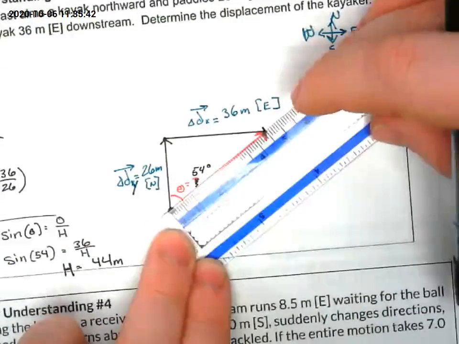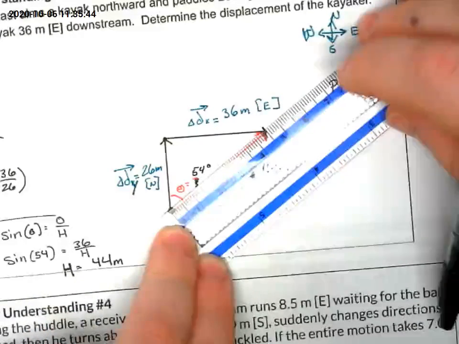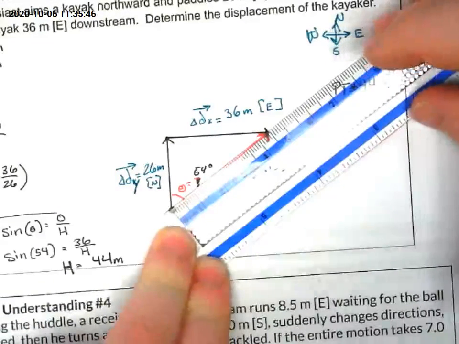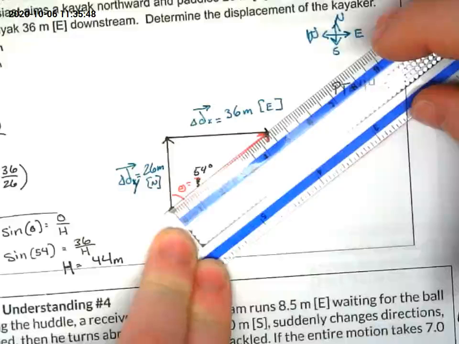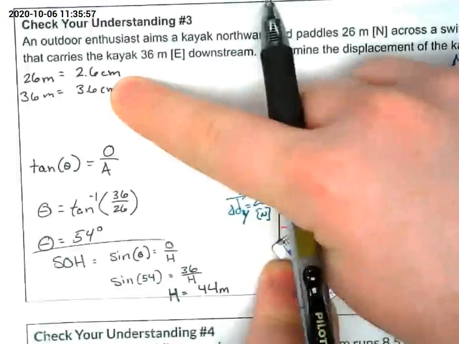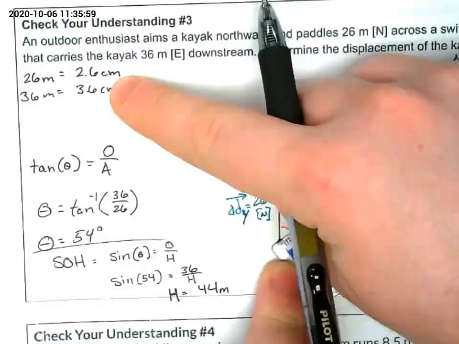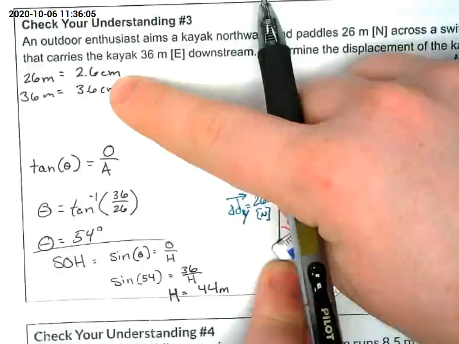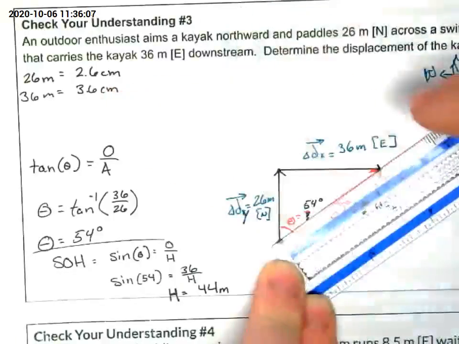If I make consistent measurements, I could make a pretty good guesstimation that the answer should be 4.4 centimeters. And if it's 4.4 centimeters, and my conversion is every 10 meters is a centimeter, that's what I did here.